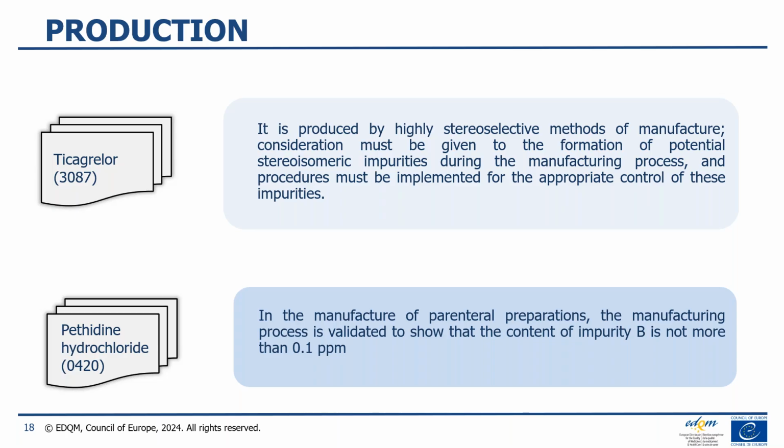In the case of the pethidine hydrochloride monograph, particular attention is paid to the control of a certain impurity, impurity B, at a maximum of 0.1 ppm, and this is when the substance is used in parenteral preparations.